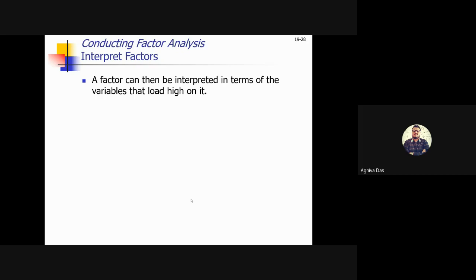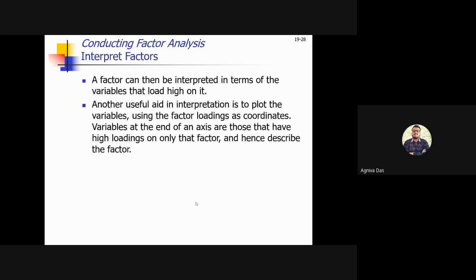Similarly, if I know what 2, 4, 6 do, I can easily predict what factor 2 will be like. So the factor can be interpreted in terms of variables with very high loadings on it. Another useful aid in interpretation is to plot the variables using the factor loadings as coordinates.